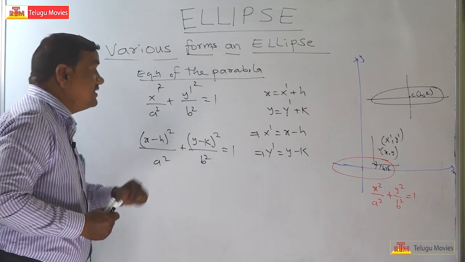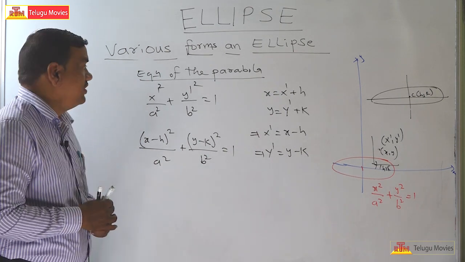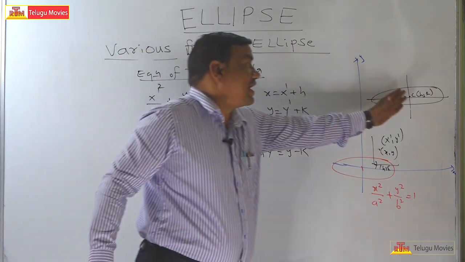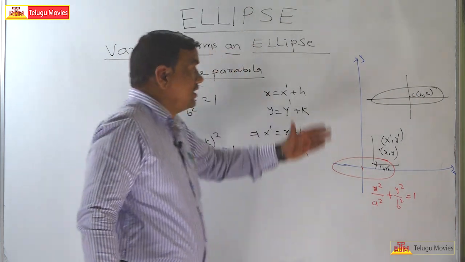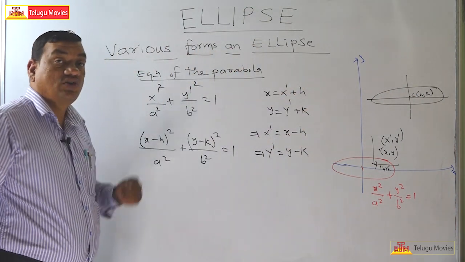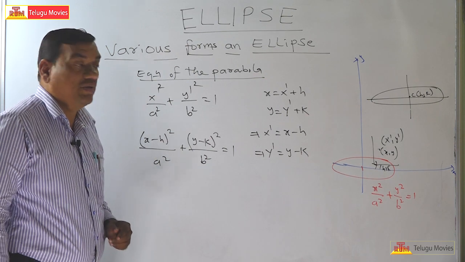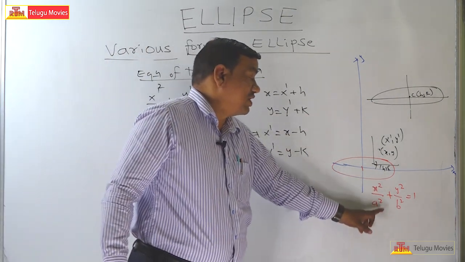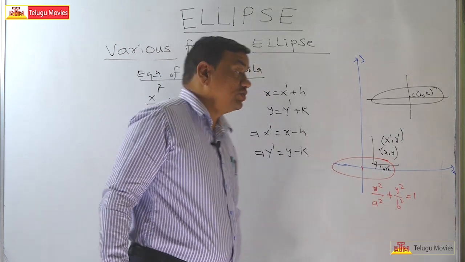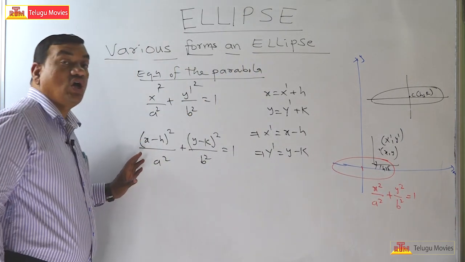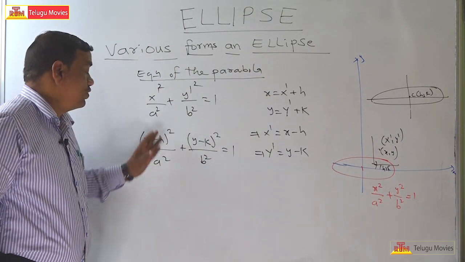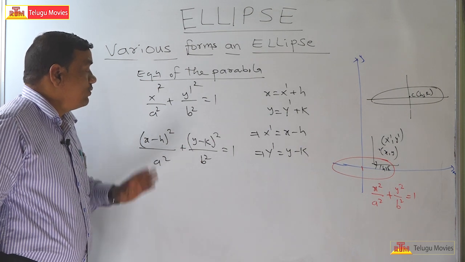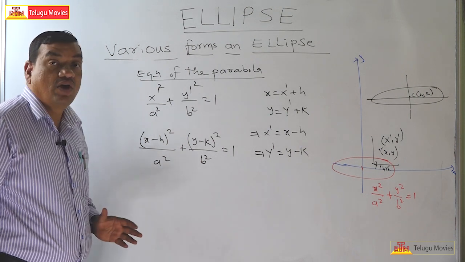This is the equation of the transformed curve, where the center is shifted to h comma k. The original equation is x square by a square plus y square by b square is equal to 1, and the transformed equation is x minus h whole square by a square plus y minus k whole square by b square is equal to 1.